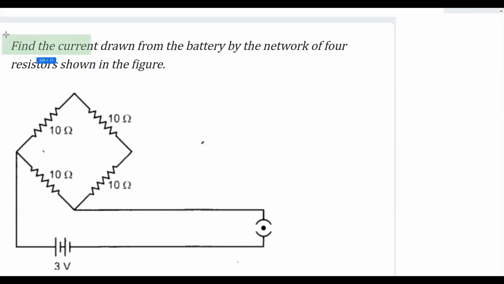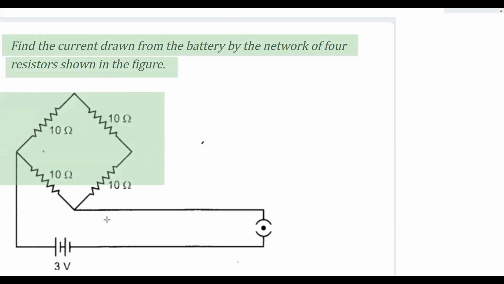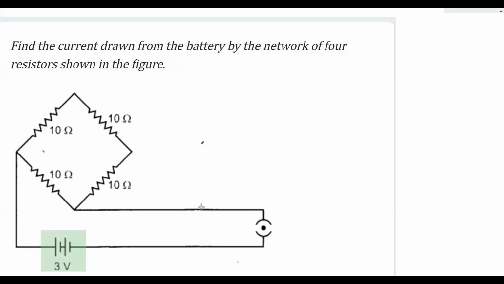See, in the next question, we have to find the current drawn from the battery by a network of 4 resistors. That's given in the diagram, and we can see that the source here is a battery of 3 volt. So the first thing you will figure out, what I'm going to do is to name these resistors as, say, R1, R2, R3.